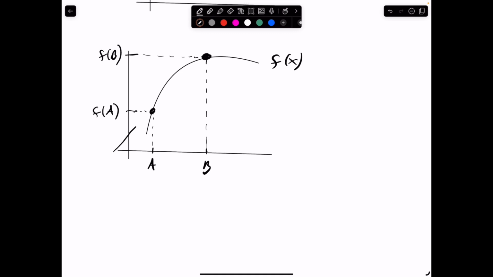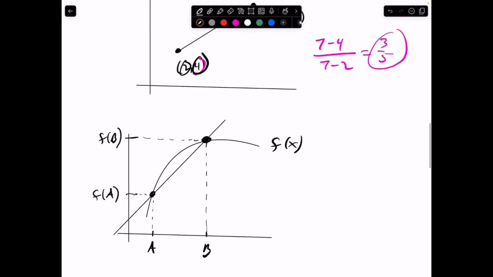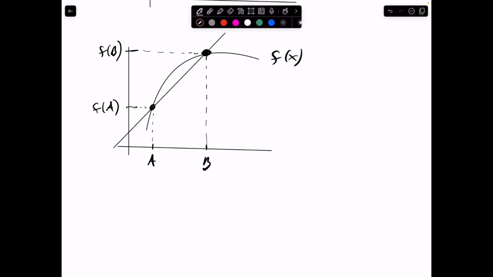Now, if I drew that line in that passes through those two points, and I wanted to know what the slope of that line was, it's really no different than this. The only thing that's a little different is it's all symbols and f of notation, but don't lose sight of what it is. When I say f of b, that's just the y-coordinate when x equals b. When I say f of a, that's just the y-coordinate when x equals a. So what would the slope of that line be?